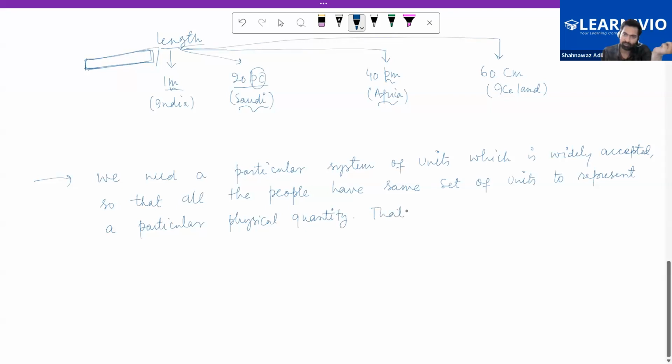That is why we have the international system of units, which governs the units for different physical quantities.